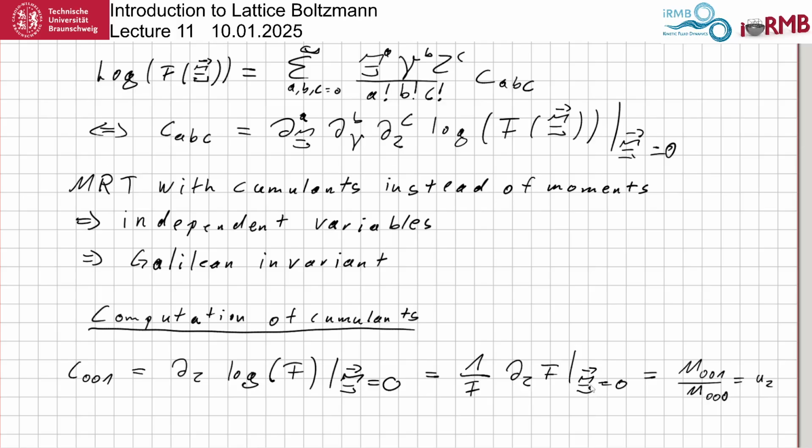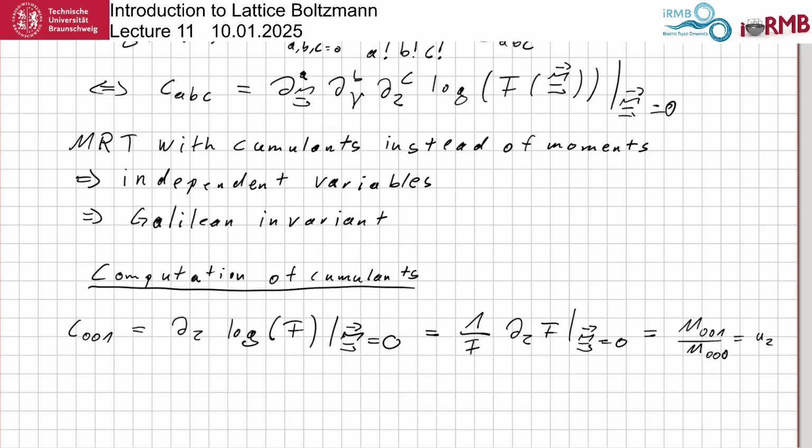I didn't get where this M000 comes from. So if you take the zeroth derivative of f and you evaluate at xi equals 0, then you have the zeroth moment.